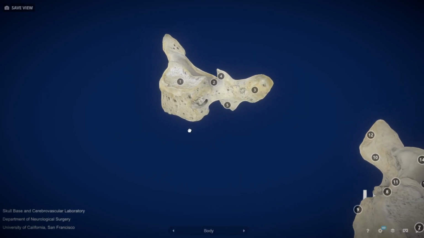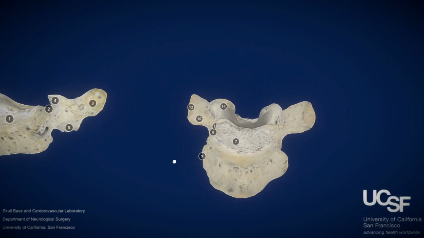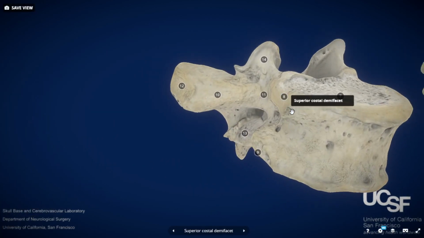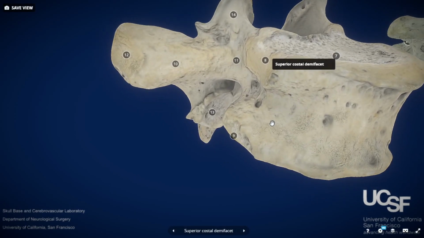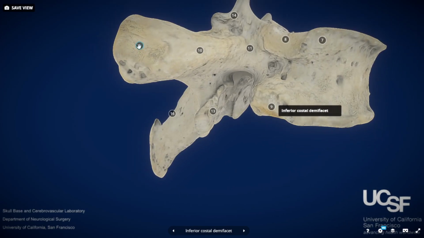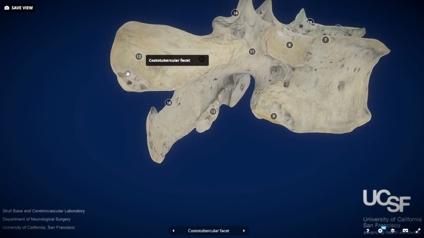Some of the characteristics of the thoracic vertebral bodies is that they have demifacets, which serve as articulations with the ribs, at least the most medial articulations with the ribs. There's a superior and inferior demifacet on a typical thoracic vertebral body, and there's another lateral articulation, which is the costotubercular facet, which lies at the anterior aspect of a transverse process.